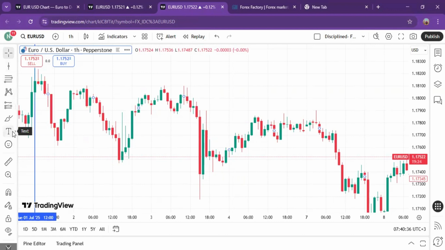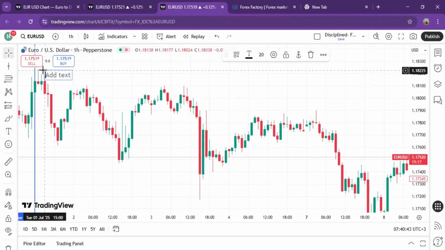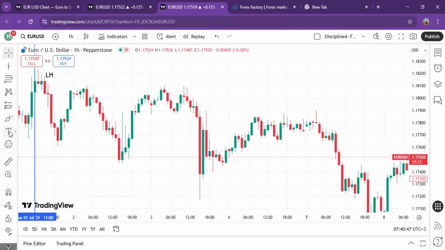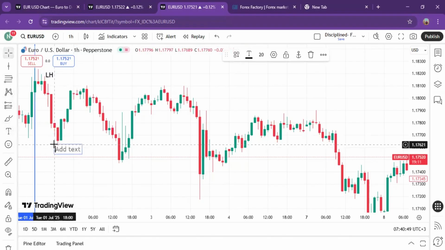Now, at this point here, we have a lower high, and this point here is our lower low.